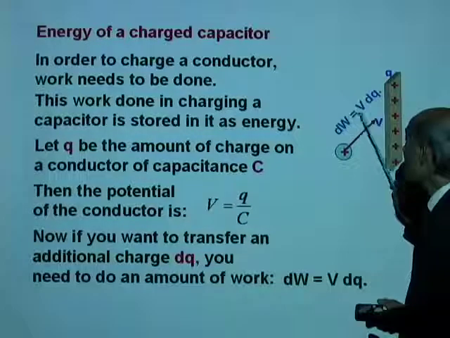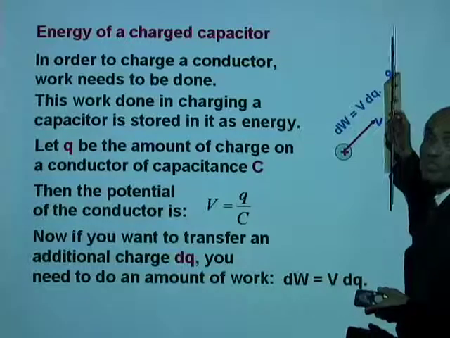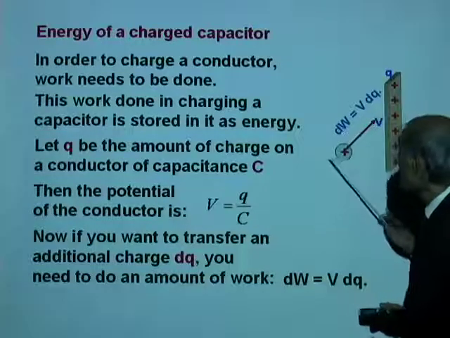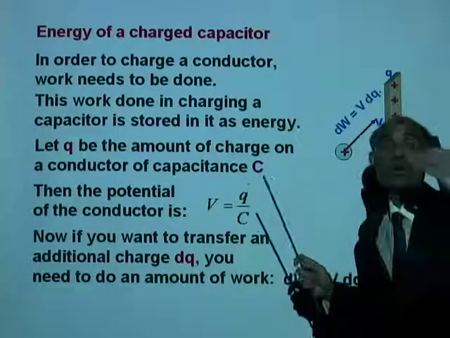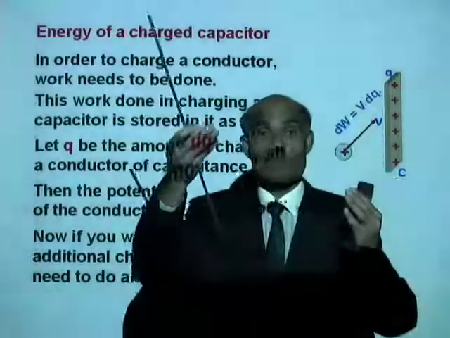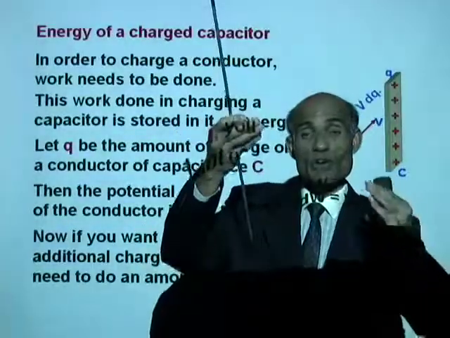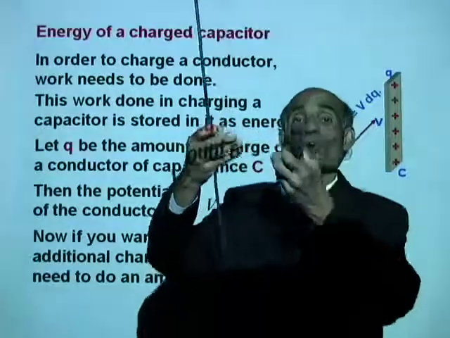That means each time I move a charge dQ, it raises the potential. Next time I want to move another dQ, I need to do a little more work. So, as the potential of the capacitor increases, in order to bring the next batch of charge, I need to do more work.